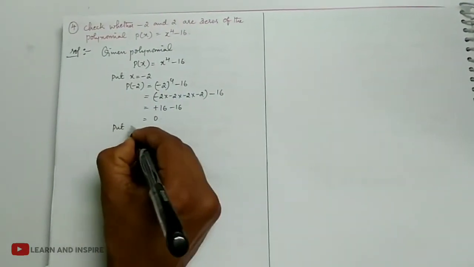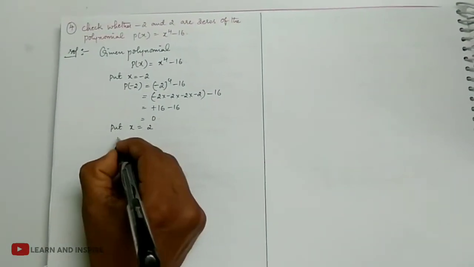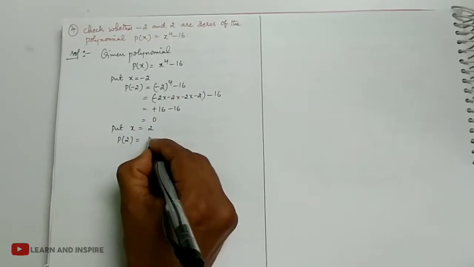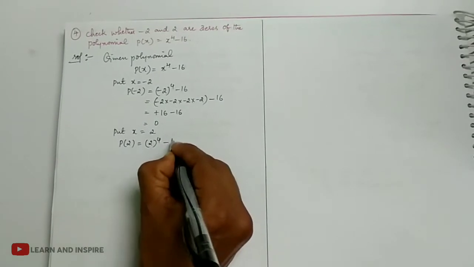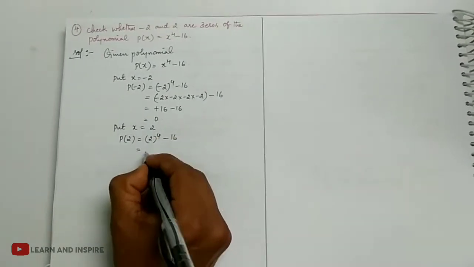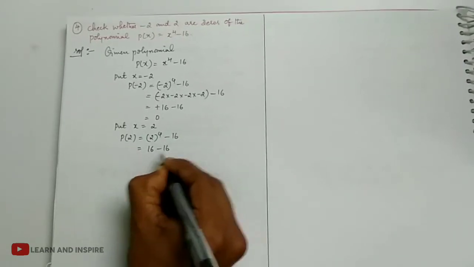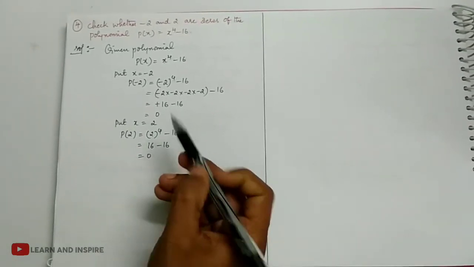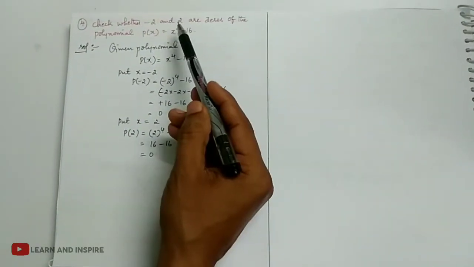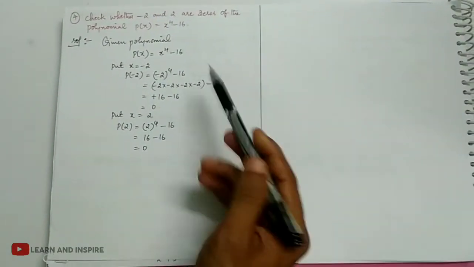Now I substitute plus 2. Put x is equal to 2. So p of 2 is equal to, in place of x I substitute 2 power 4 minus 16. So 2 power 4 is multiplied 4 times. So we get 16 minus 16 equals 0. So if I substitute minus 2 we get 0, and if I substitute plus 2 we get 0.